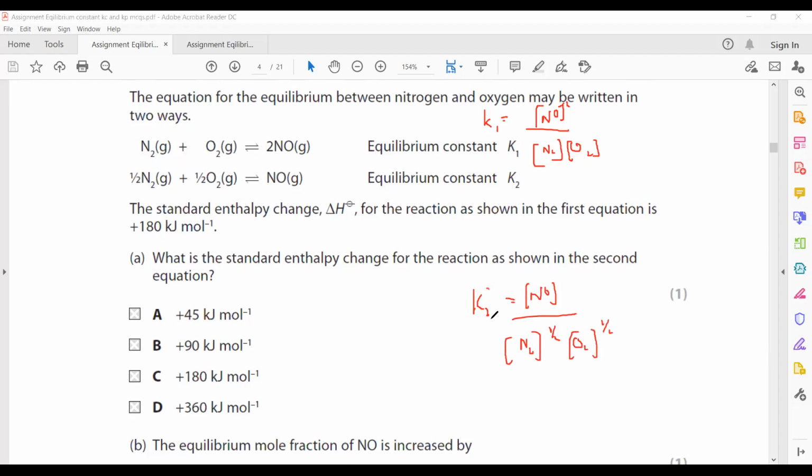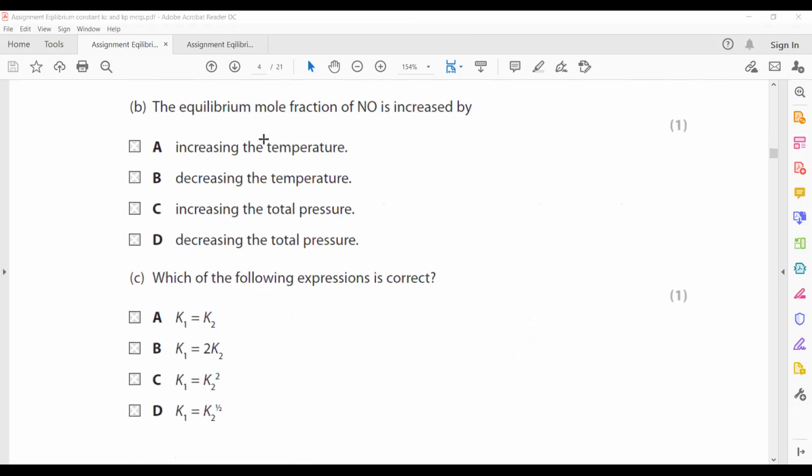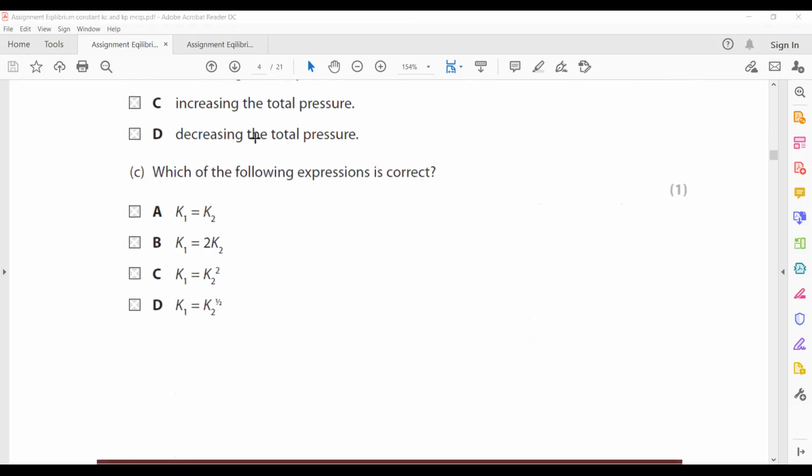If I square both sides, this expression will turn into this one. So it means K1 is equal to K2 square. No, so it's a power, not the coefficient. That's why B cannot be an answer. Is it clear?